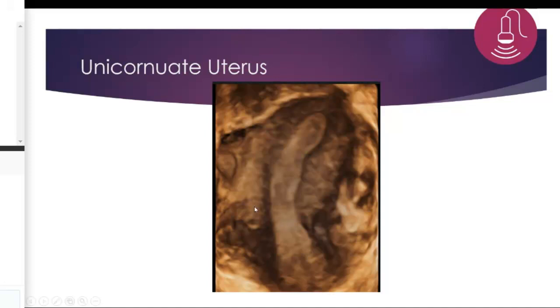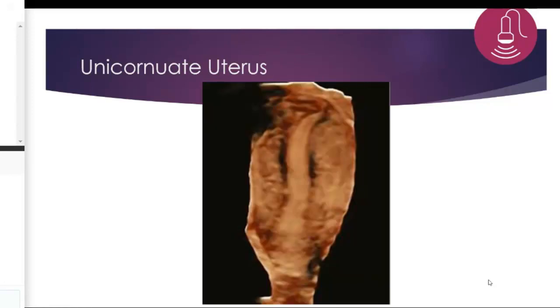So 3D imaging sometimes gives us what we call chroma, so different colors to the image. Different colors can help highlight different images. A lot of 3D is in this kind of orangey yellow color. It has to do mostly with settings on the machine. And then this is a 3D image that we call a rendered image.